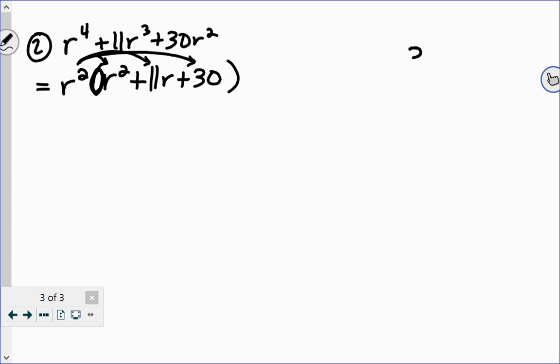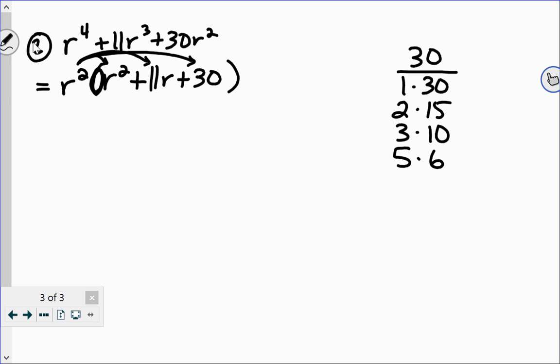So again, write all the factors down, get in the habit of practicing that, because as soon as it's 300, you're not going to be able just to guess around when it's not factors that you're thinking of. So just write them all down. 1 times 30, 2 times 15, 3 times 10, 4 doesn't work, 5 times 6, and then again, I know I'm finished. I've written every factor, and those are the ones that happen to add up and are correct.